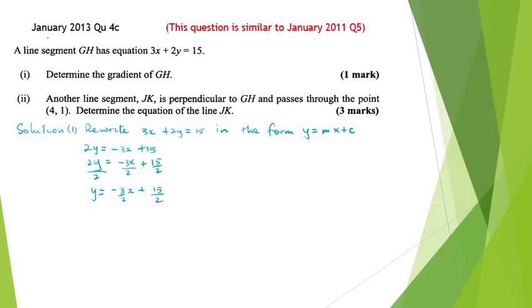But I'm interested in the gradient of GH, and this now is of the form y is equal to mx plus c, where m is the gradient here, which is negative 3 on 2. Part 2 now.